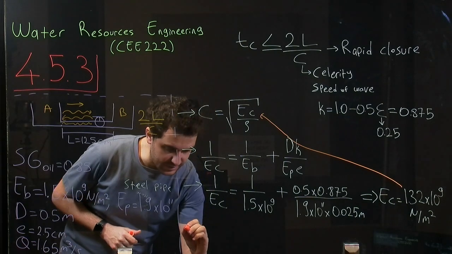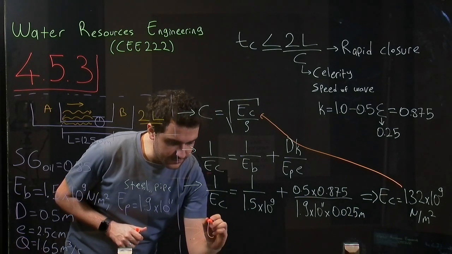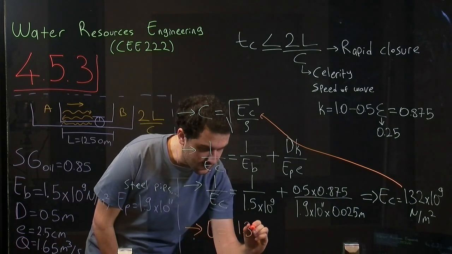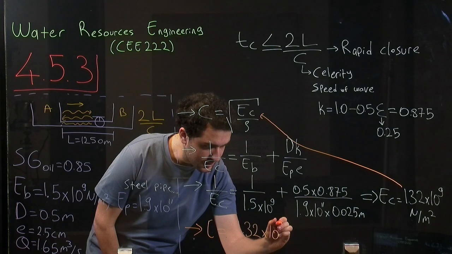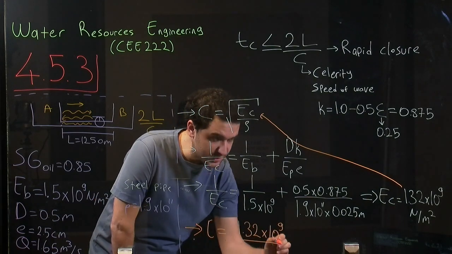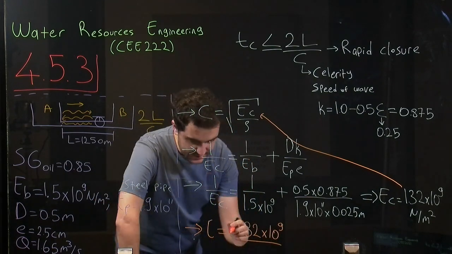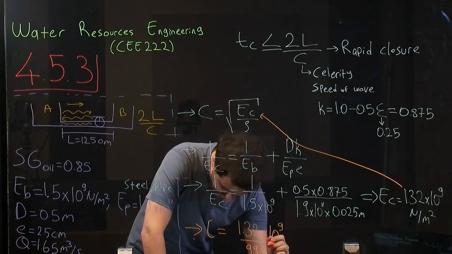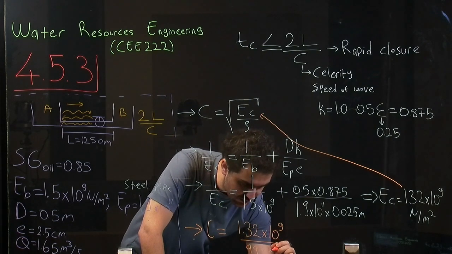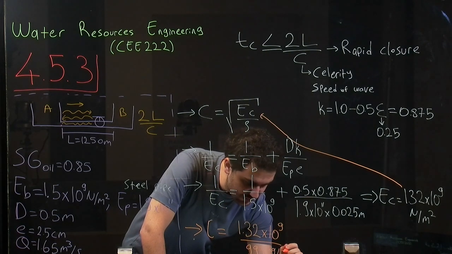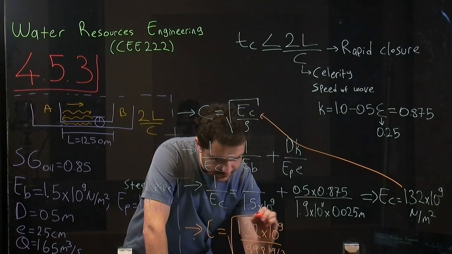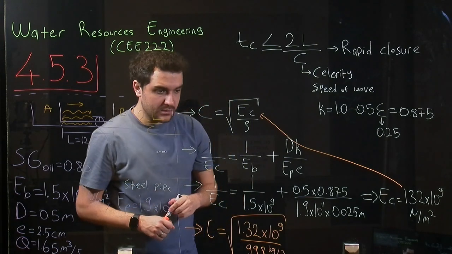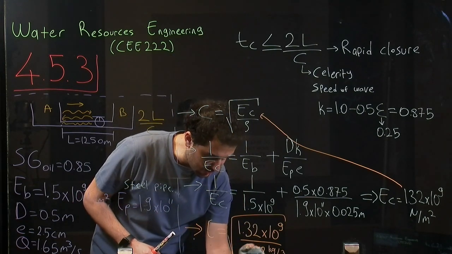Actually, I can write here. So C is equal to the square root of EC over the density, and density is 998 kilogram over cubic meter. Let me write that a little bit above.